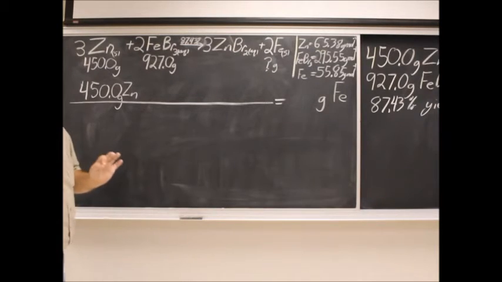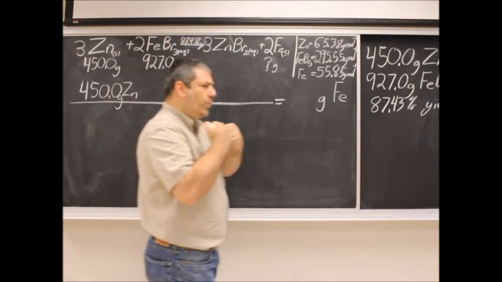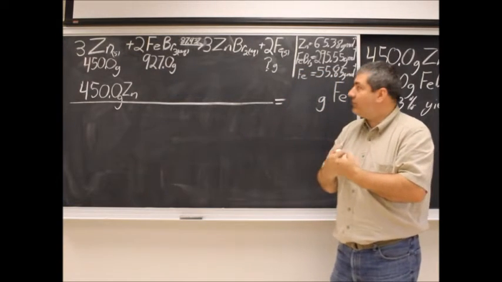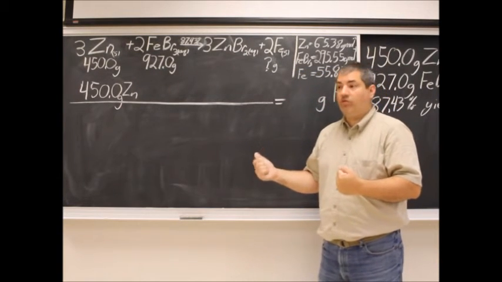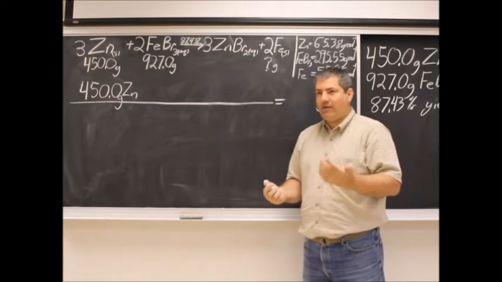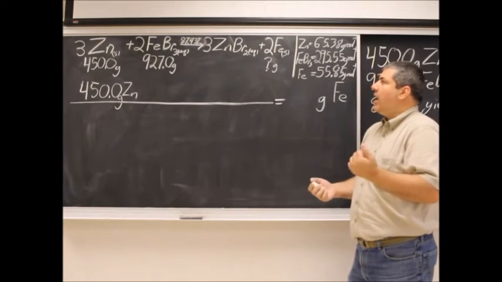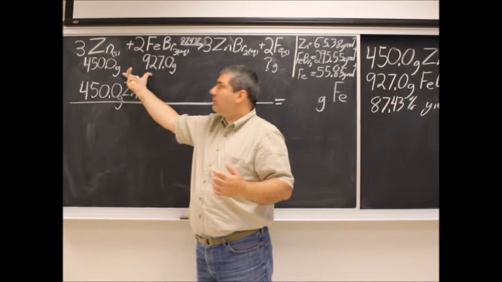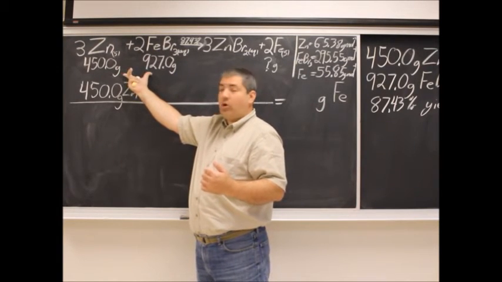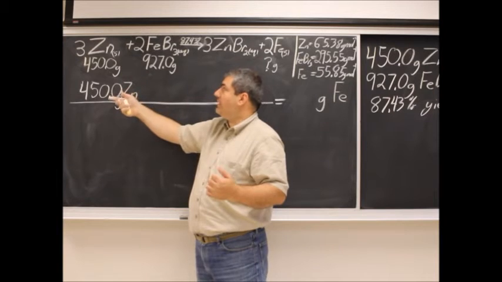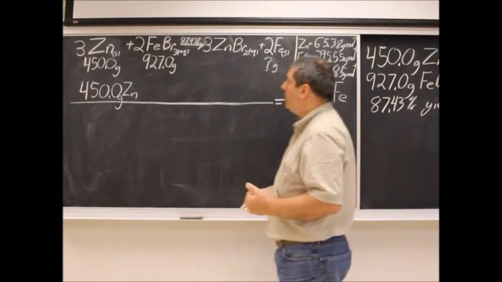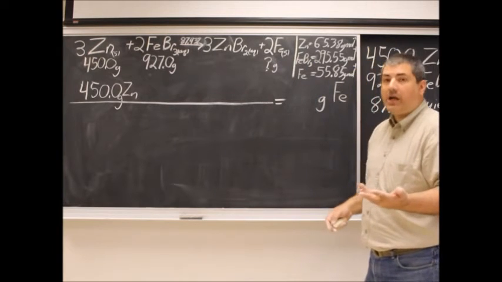By the way, the biggest problems that I've seen as far as being able to solve a limiting reagent problem is, one, not recognizing that it's a limiting reagent problem, which you should do if you're given multiple reactants and the quantities of those reactants. In other words, if I'm given only the zinc and told I have an excess of the iron 3 bromide, it's not going to be a limiting reagent.